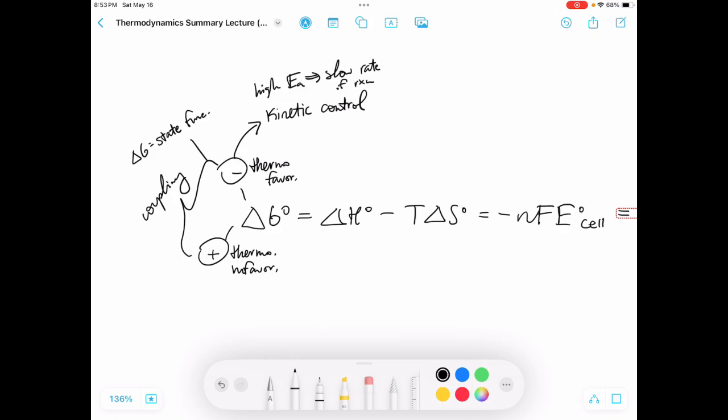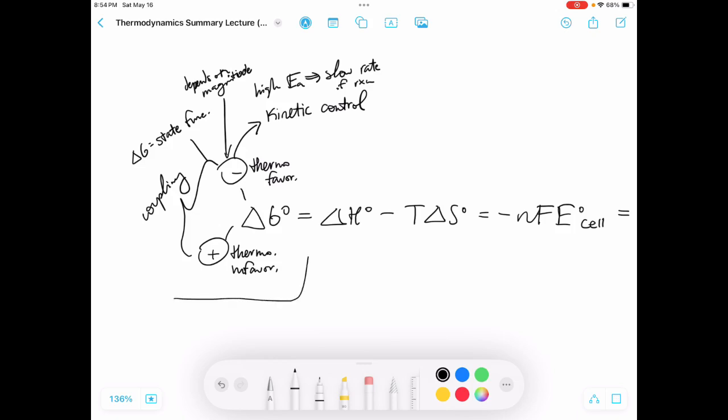So we can take a reaction that's thermodynamically unfavorable, which is positive delta G, and depending on the magnitude of the negative term, we can make that reaction thermodynamically favorable if that negative is greater than the positive.